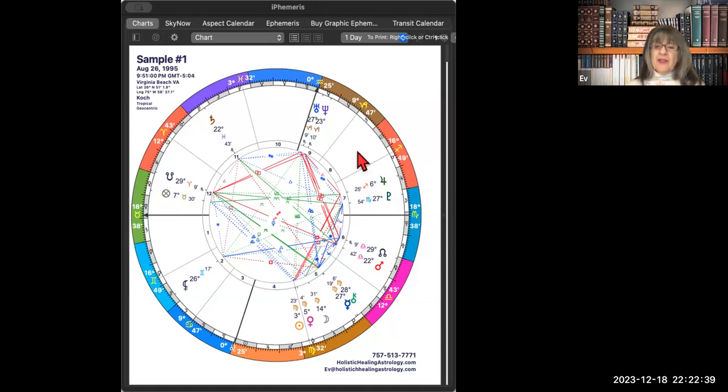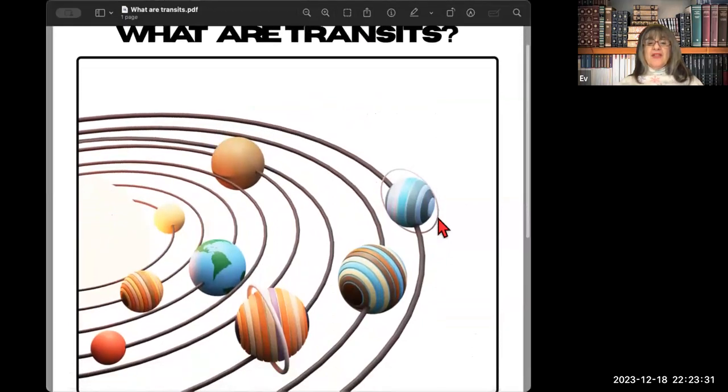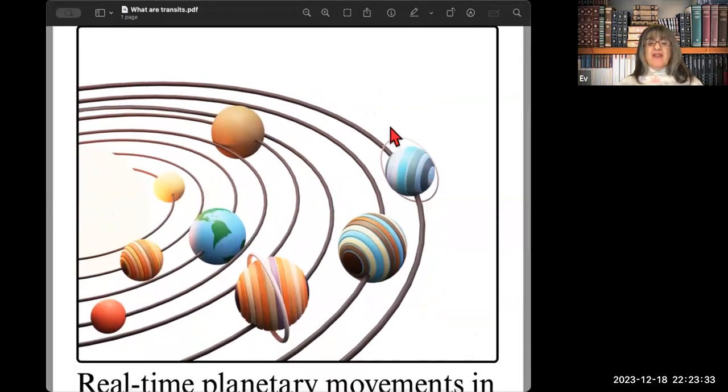But first, let's look at what a transit is. So what are transits? Well, transits have to do with the planets in real time. So right now, the sun is in Sagittarius and we are on the earth. So it's in perspective. We're looking at the astrology chart in perspective of us being on earth.